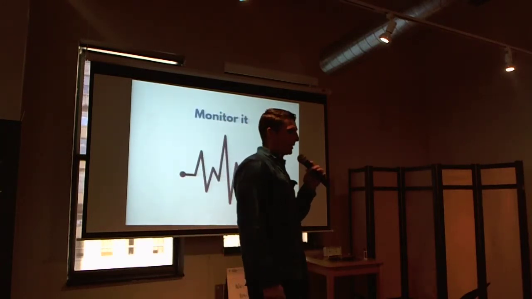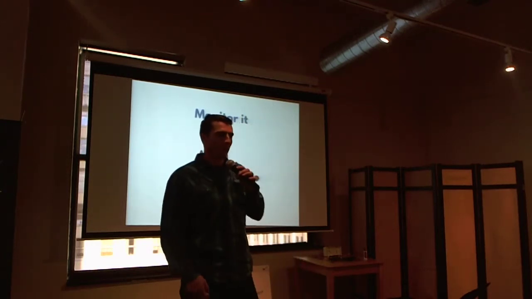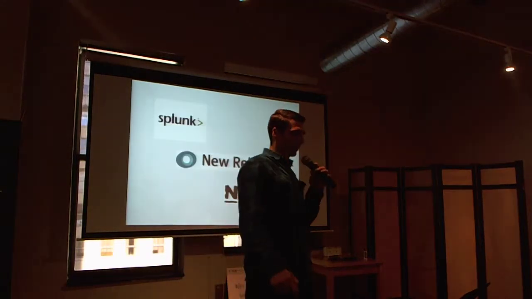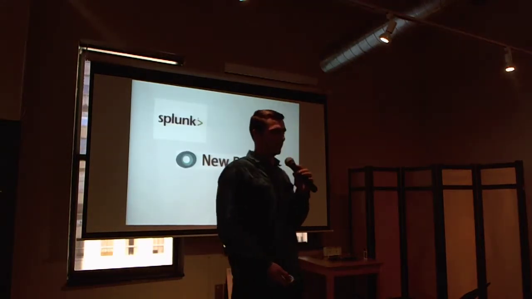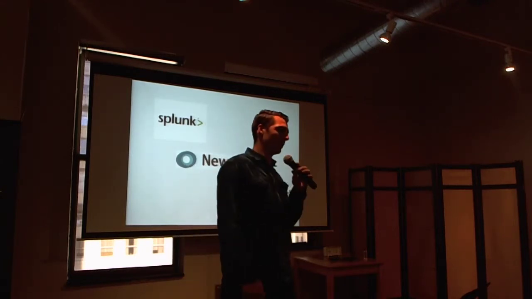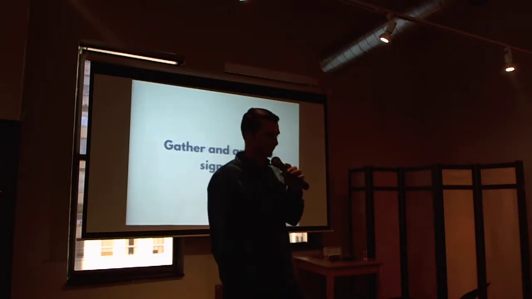And we hopefully set up some monitoring in our environment where we can get signals about things that are happening in our application. And we can use tools like Splunk, New Relic, and Nagios to do this kind of monitoring based on the logging and the signals we've told our application to provide.